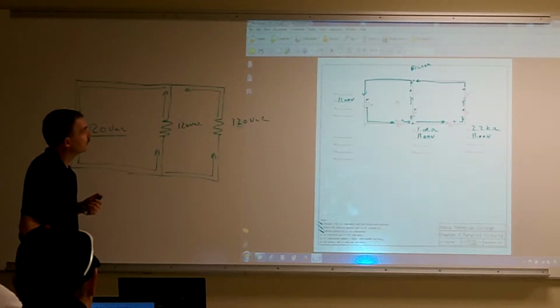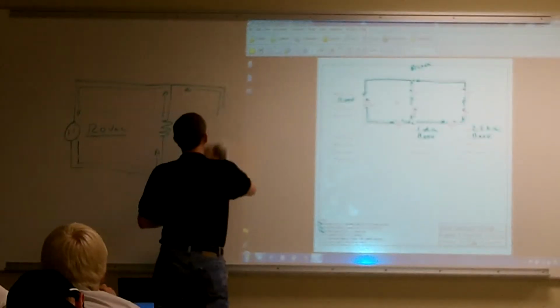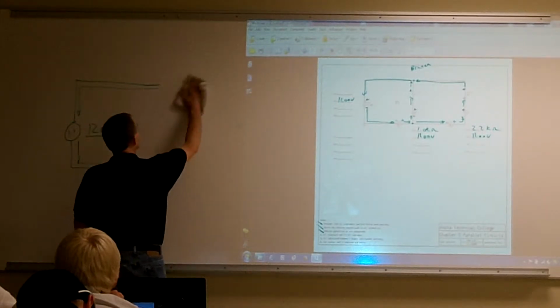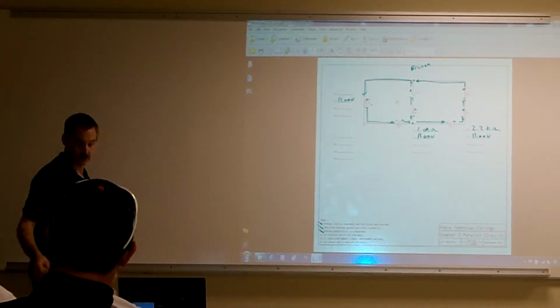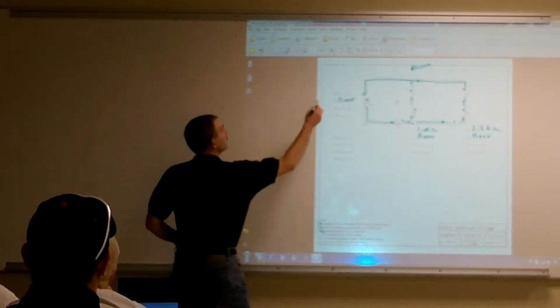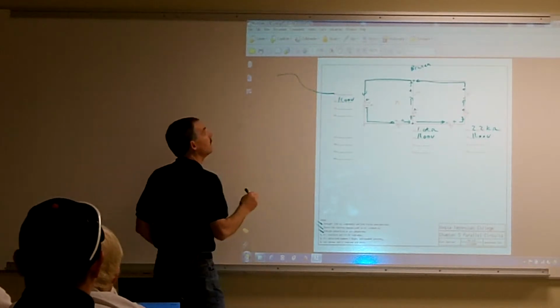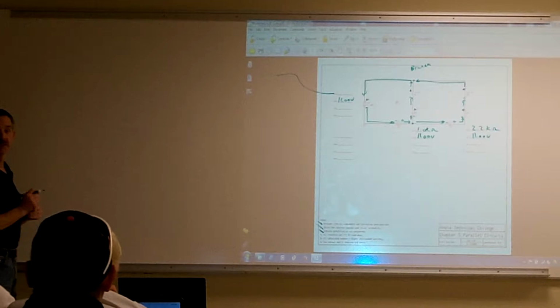The resistance total. Now we can get our resistance total. How are we going to get our resistance total? Adding them up. How do we add them up? In a calculator, what's our formula for RT?